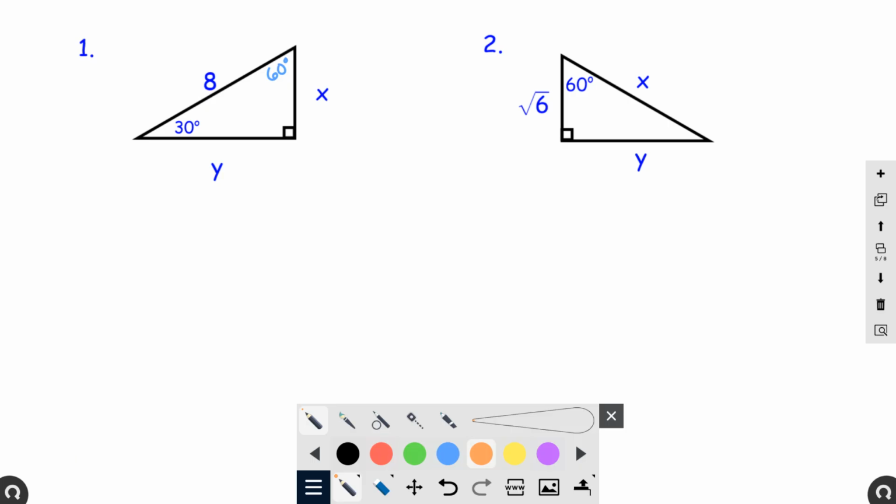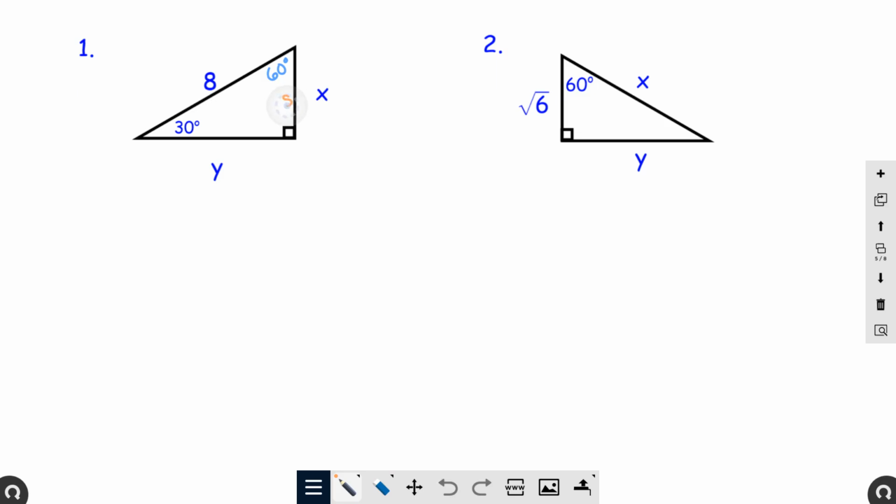Now, the other thing you want to do before you get started, I feel like we've done this a lot in all of our problems, is we want to label all of our sides. So let's start with a short leg. The short leg is across from the 30, so my short leg is X. My long leg is Y, because it's across from the 60, and my hypotenuse is Z because it's across from the 90.